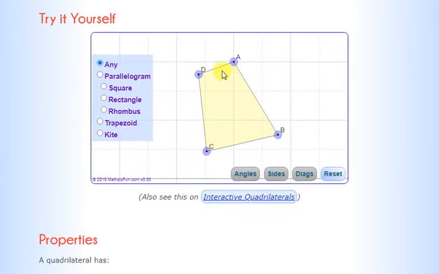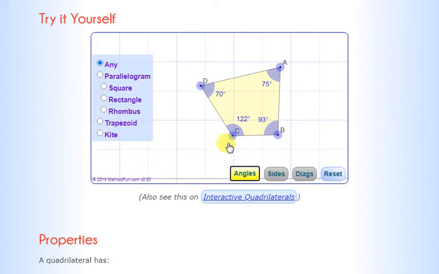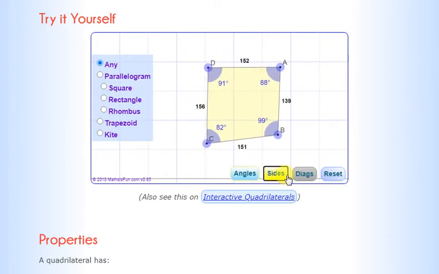Now you can see that these are all quadrilaterals that I am making on this screen, and you can see the angles inside this, right? You can see the side lengths. There are different types of quadrilaterals that you have already studied in the last assignment.